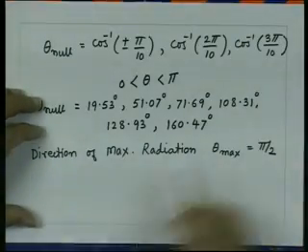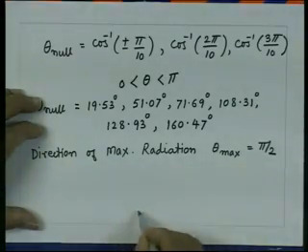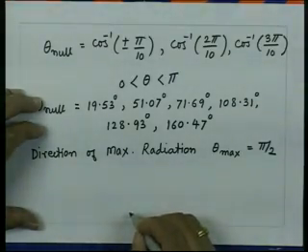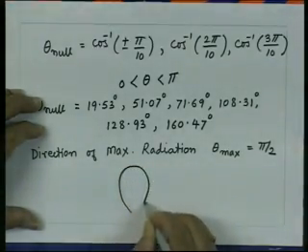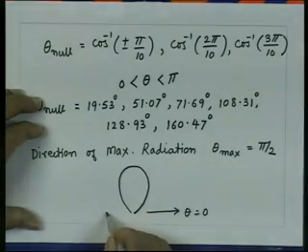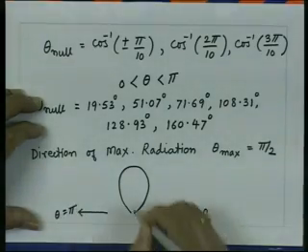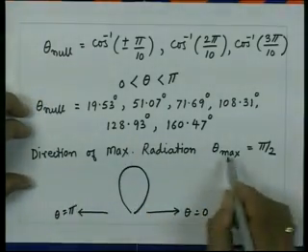So in this case, if I measure theta going from 0 to pi, then we have a beam which looks like that. This is theta equal to 0, this is theta equal to pi, and we have a direction of maximum radiation, that is theta equal to pi by 2.